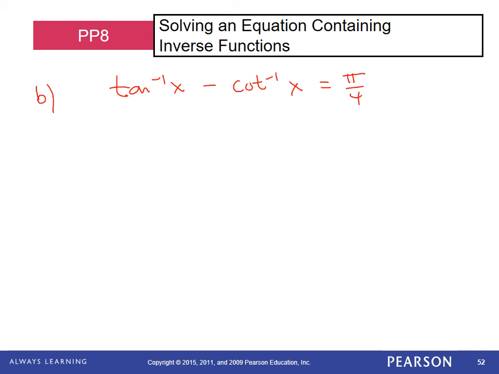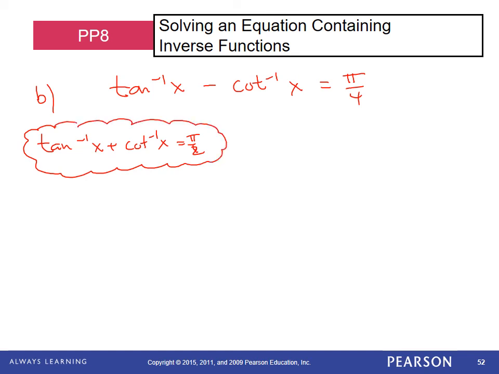We have to go back to our previous solution here. Tangent inverse of x plus cotangent inverse of x is equal to pi over 2, right? We said that, that's from part A. Well, if this is true, see if you guys agree here, then this would also be true.